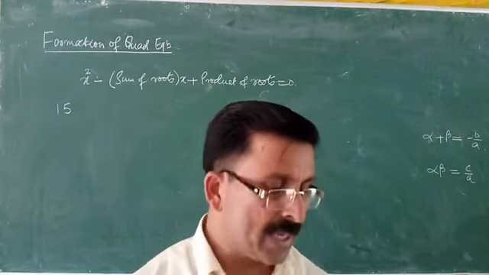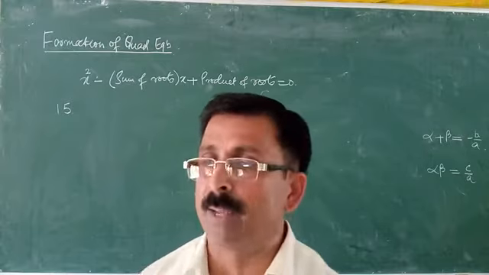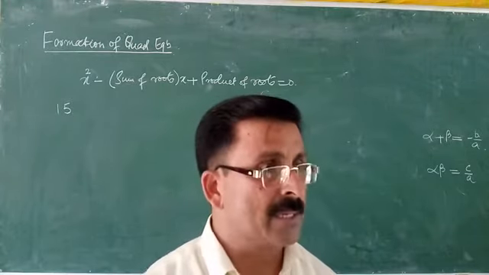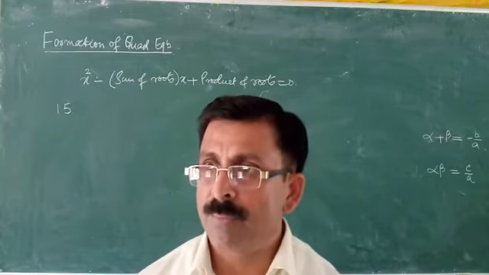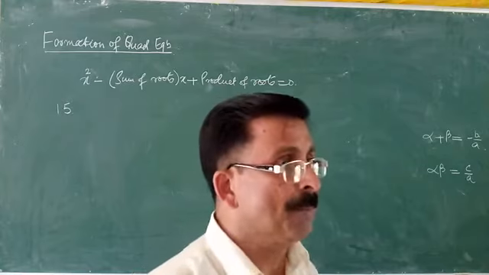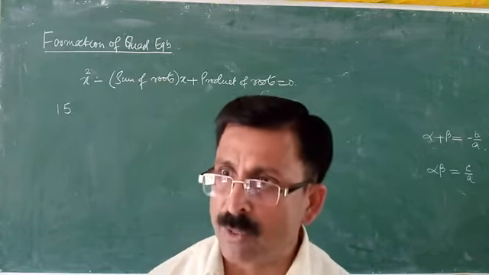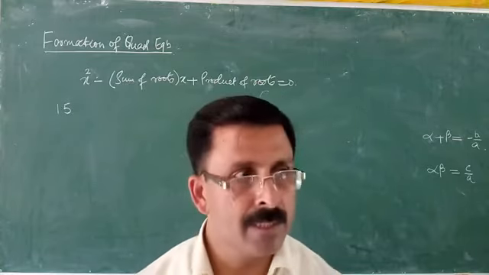Question number 15 is: if alpha and beta are the roots of the given equation x square plus x minus 7 is equal to 0. This is the information part. You are given a quadratic equation whose roots are said to be alpha and beta. It means for that given equation, we can find the sum of the roots and the product of the roots.